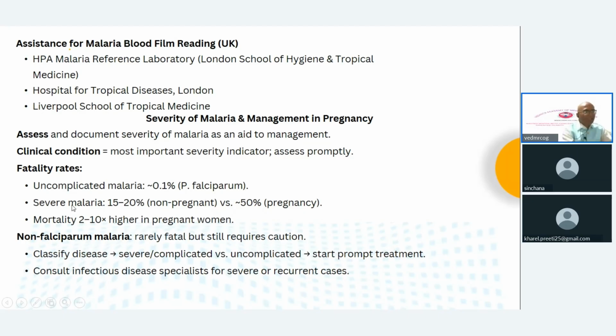But in severe malaria, the non-pregnant fatality is 15 to 20%, and it is 50% during pregnancy. Mortality is 2 to 10 times higher in pregnant women. Non-falciparum malaria is rarely fatal but still requires caution. So always classify the disease as severe or uncomplicated and start prompt treatment. Consult an infectious disease specialist for severe or recurrent cases.